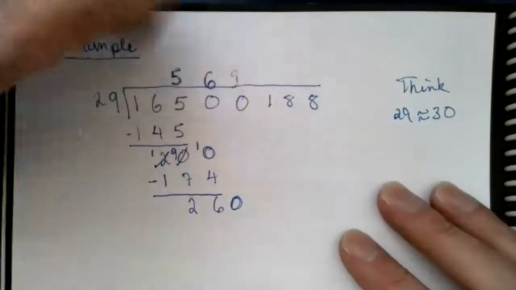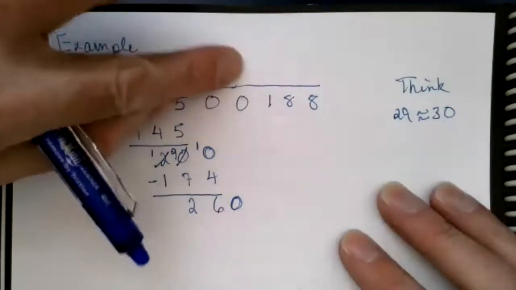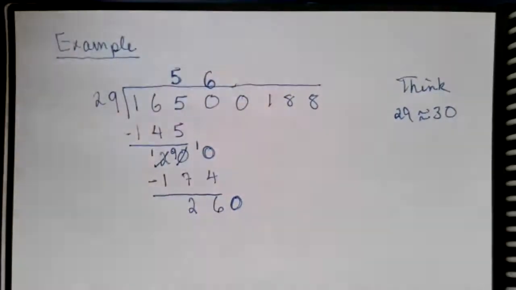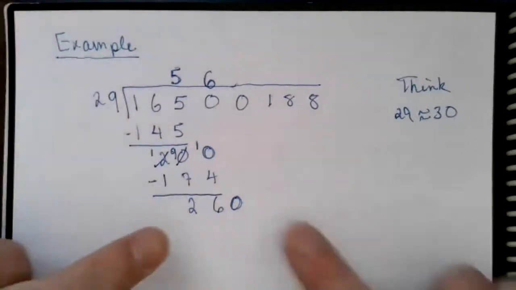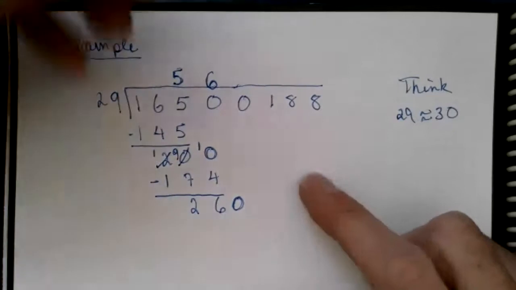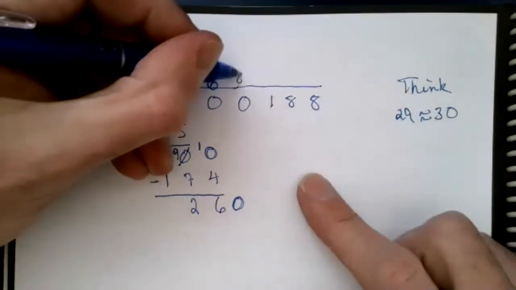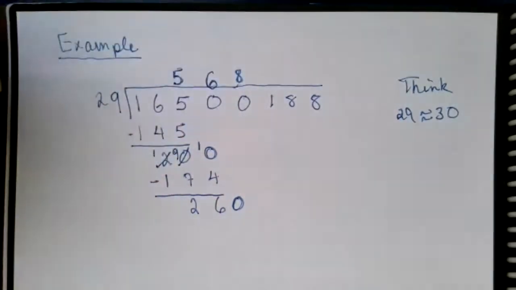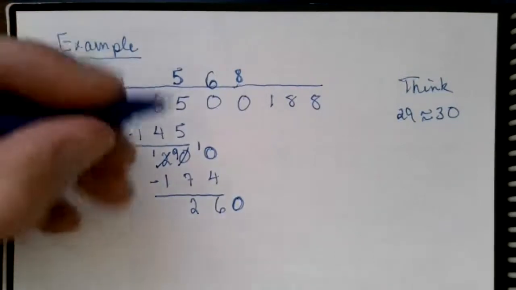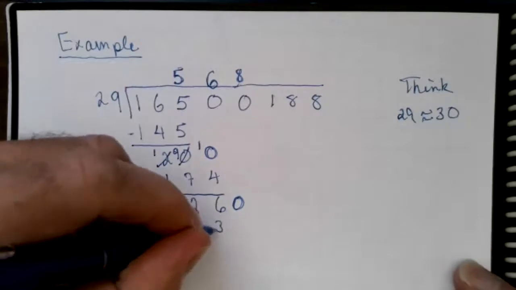What's 9 times 30? 270. 9 times 30 is 270. That exceeds our target there, so we should probably go with 8. Now 8 times 30, that's 240. So 8 times 29, 232.